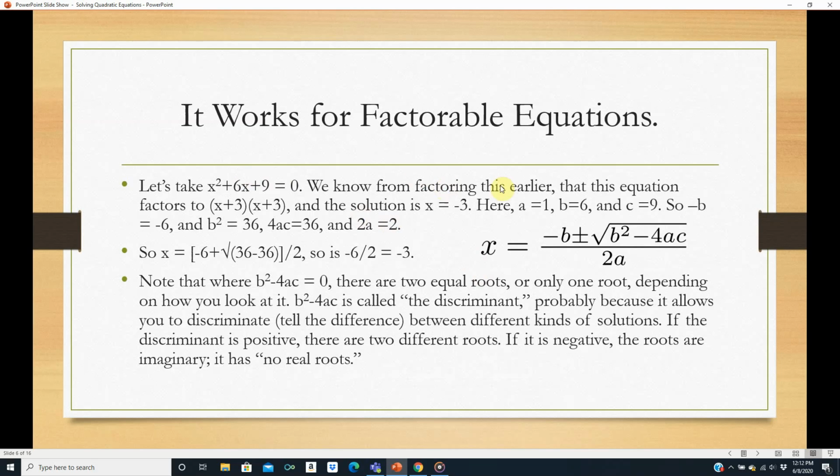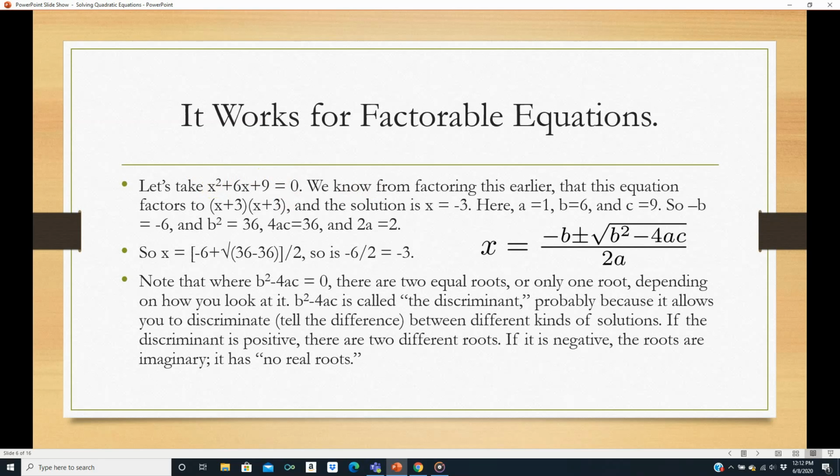So here, let's assume that we hadn't done that. We know a is equal to 1, because there's nothing in front of the x squared, so it's an implied 1. b is 6, c is 9. So negative b equals negative 6, and b squared equals 36. 4ac is going to be 4 times 1 times 9, so that's 36, and 2a is just equal to 2, because a is 1.